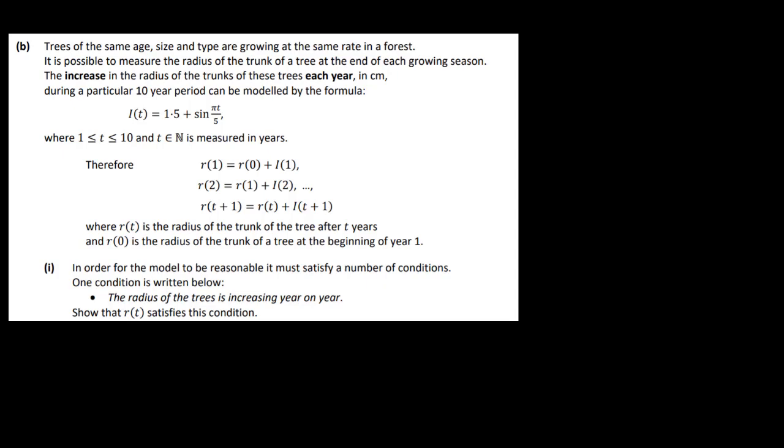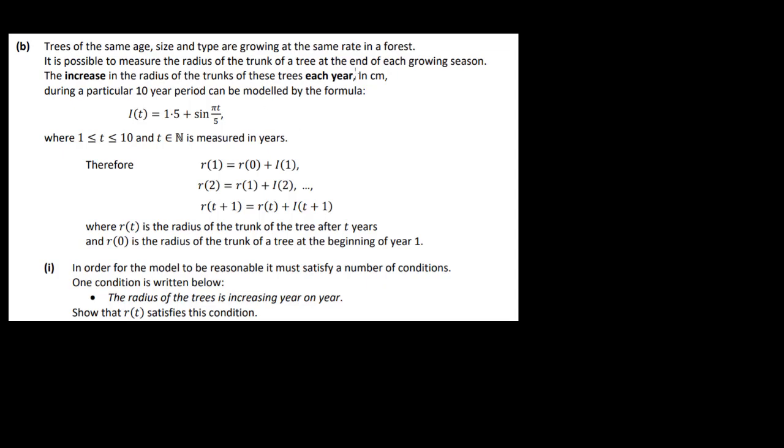Now that gives you the increase. It doesn't give you the radius or the diameter. This gives you how much the tree is increasing by each year. So t is between 1 and 10, and t is a natural number measured in years.